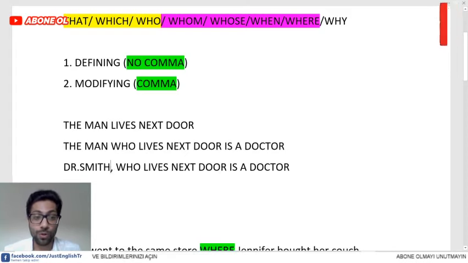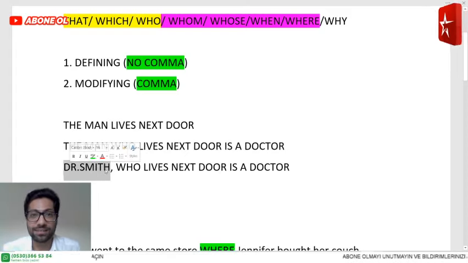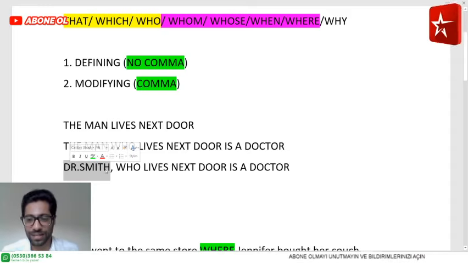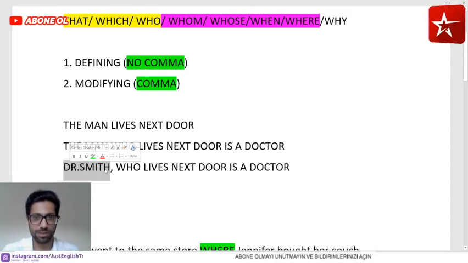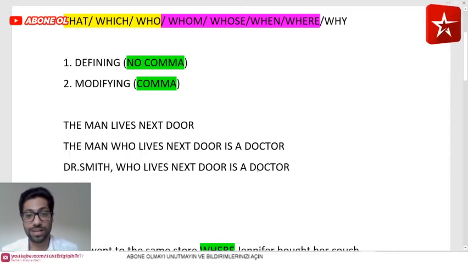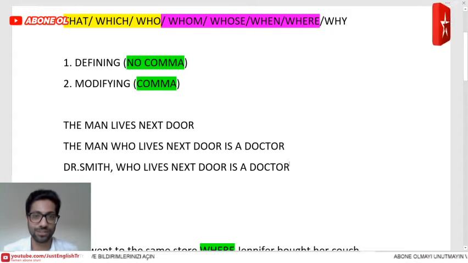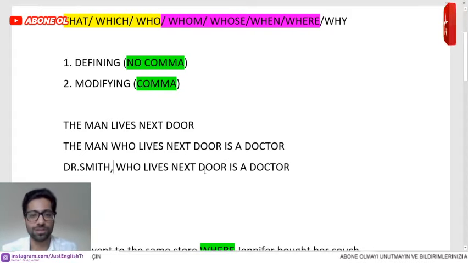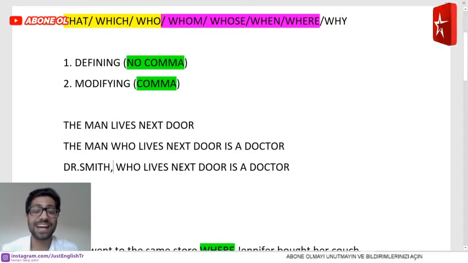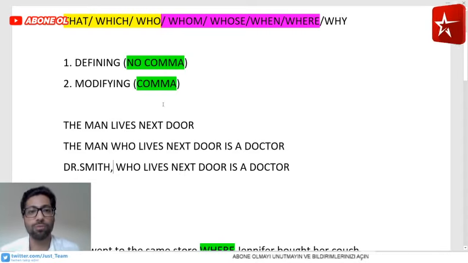Now, you already explained the fact that Dr. Smith, he is a doctor. And when you say who lives next door is a doctor, now we already know he is a doctor. You see, you already know he's a doctor. So those are only extra information. So here we are modifying.